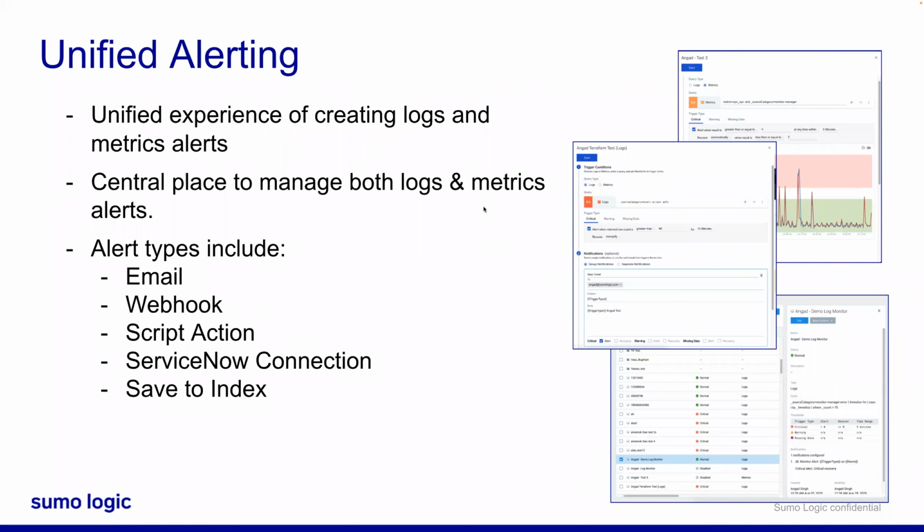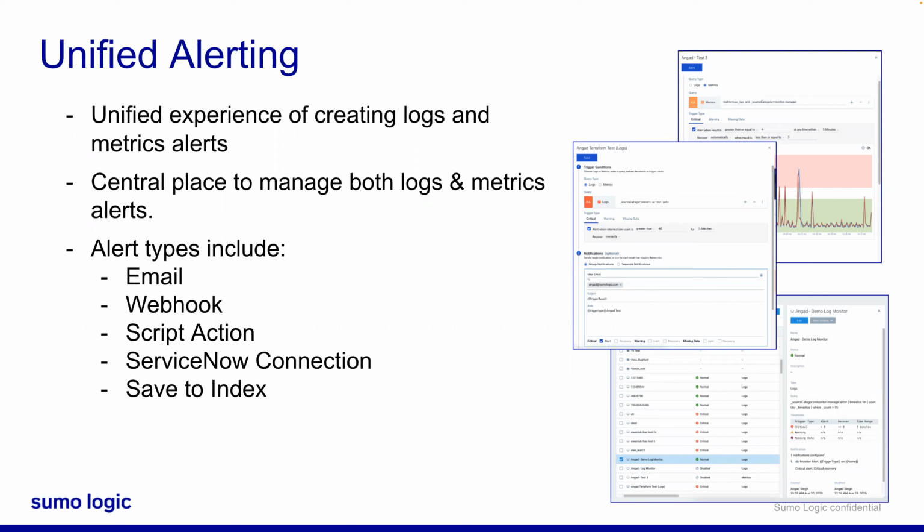But what I did want to show you, especially if you haven't used Sumo in a while, is that there's now a unified alerting environment. Previously, when you wanted to create an alert, it was kind of cumbersome. You'd have to create a query, you'd have to save the alert, and if you wanted to modify the alert, you'd have to go back to that query. Now everything is all in one space.